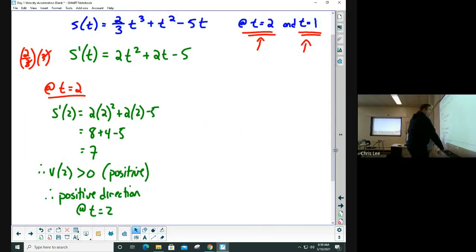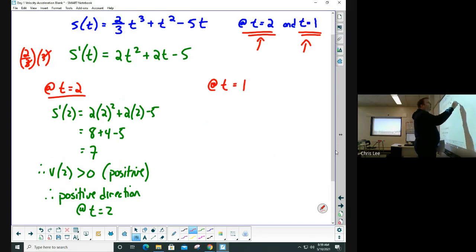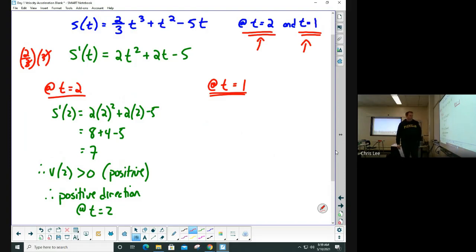Second part of this question asks, okay, also investigate at t equals 1. So I'll give you a second to plug in 1 into the velocity function.